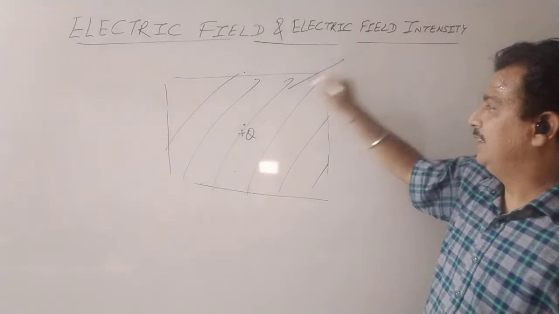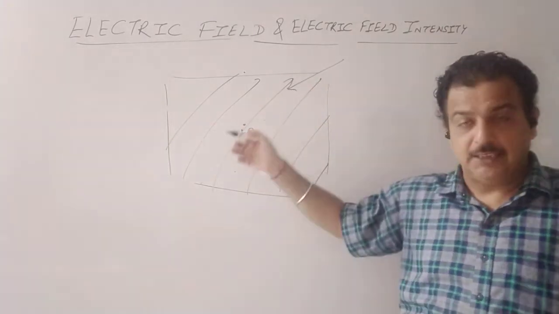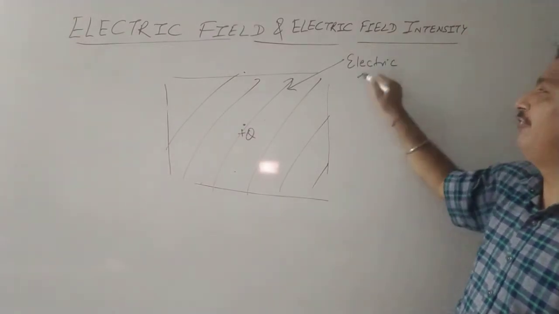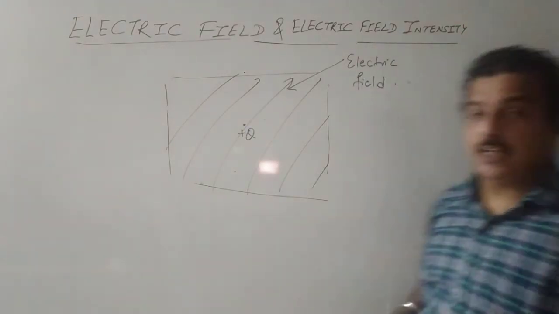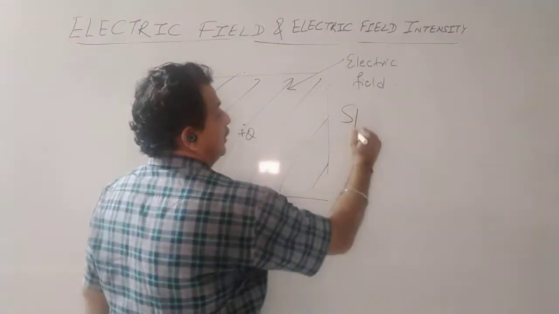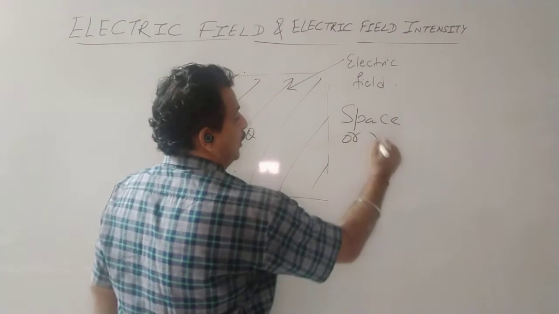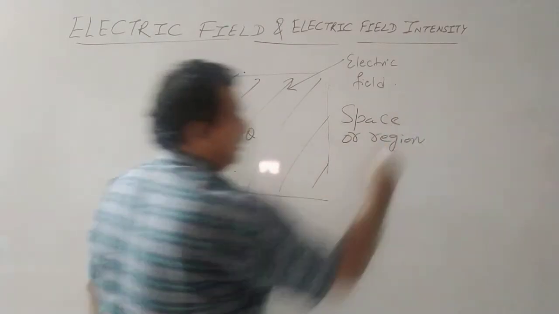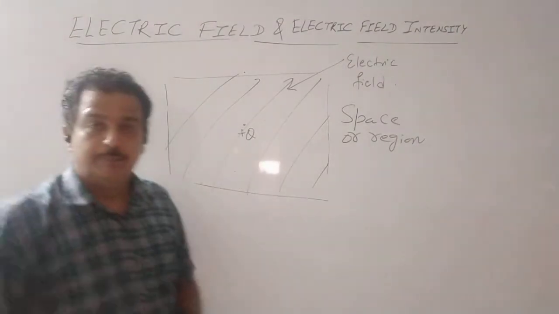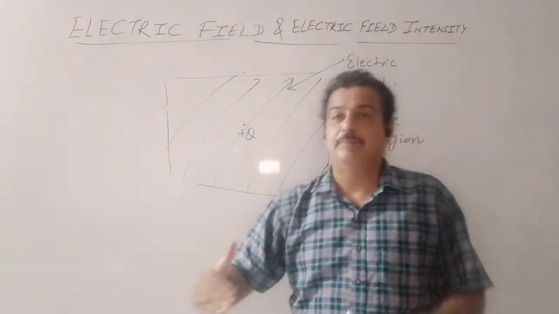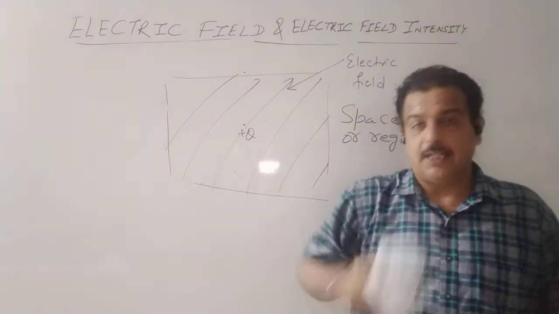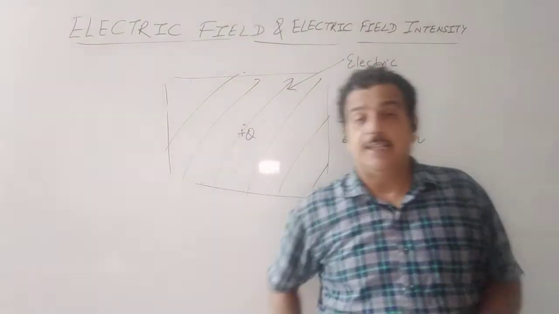This space, and ये इलाका or this region is called electric field. So what is an electric field? Electric field is nothing but a space and region where the effect of any charge is prevailing, जहां तक वो अपना इंटरेक्शन कर सकता है दूसरों के चार्ज के साथ, that is called as the electric field.